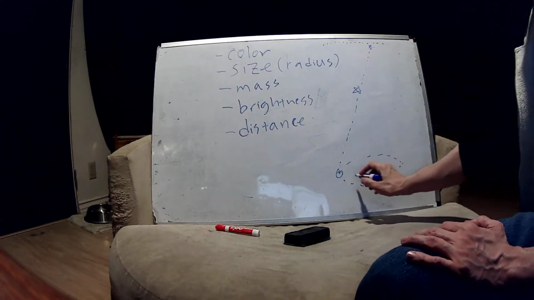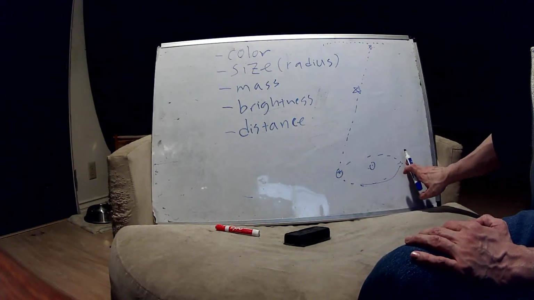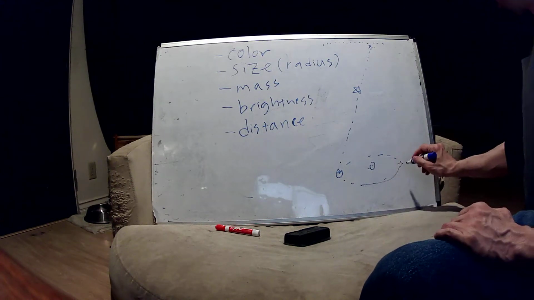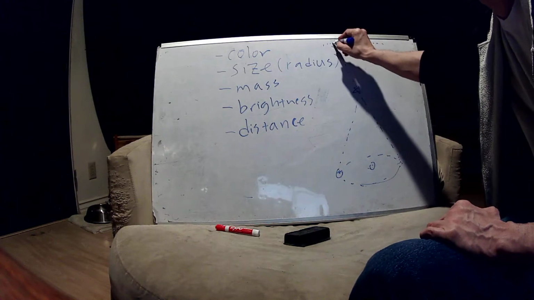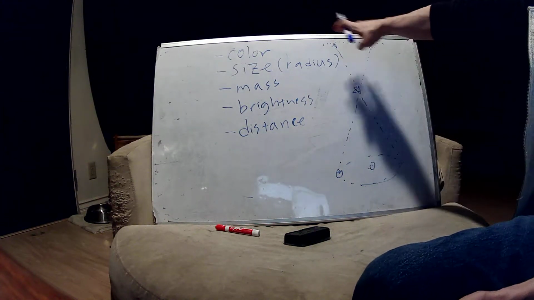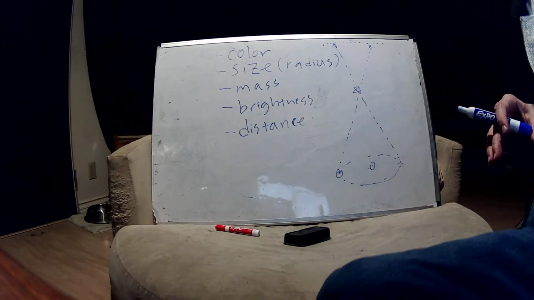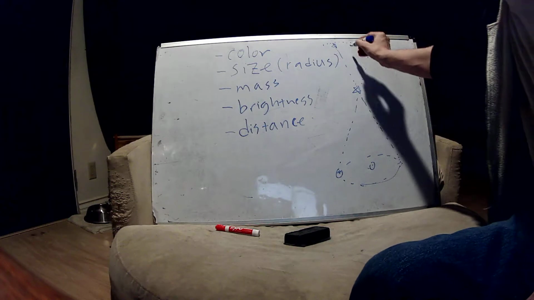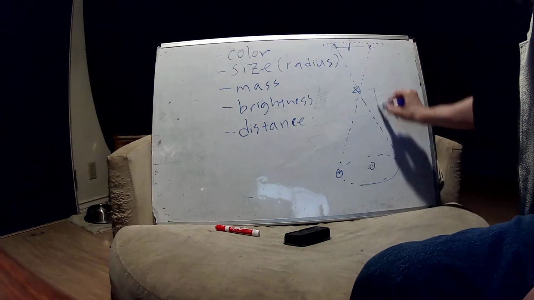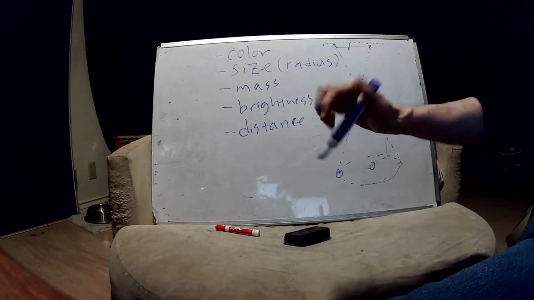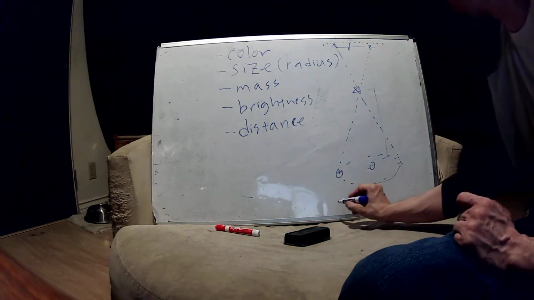Then 6 months later, when we're all the way on the other side of the sun, halfway through our orbit, we take another picture of this star, and it appears here, next to very distant background objects, really distant stars, galaxies, things like that. And this apparent separation will tell us how far this star is from us. We call that parallax, spelled like this.